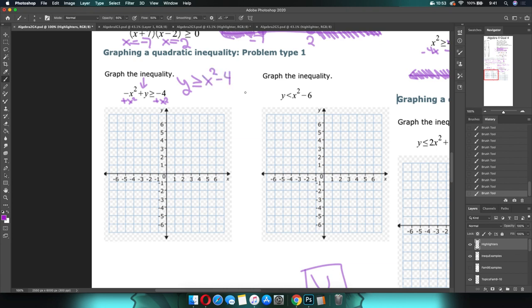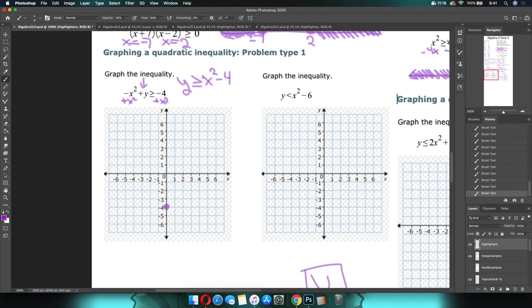And now you can kind of see, based on the two different problems, that they have a very similar setup. They look very close to each other. And what's happening now is that you know what your y-intercept is. That minus 4 is the first point of my parabola, the vertex of my x squared curve, which is called a parabola.